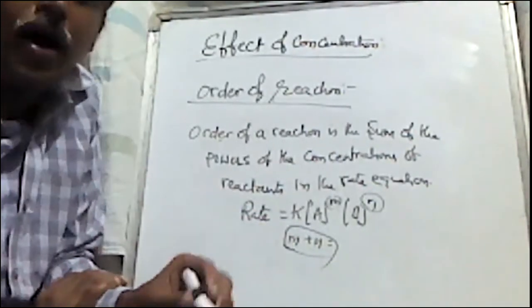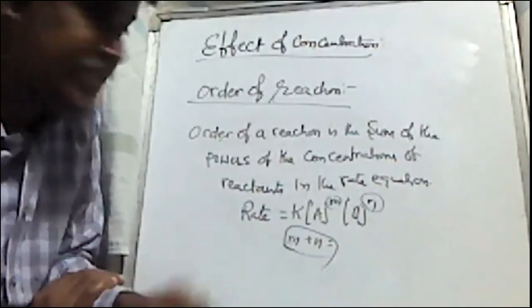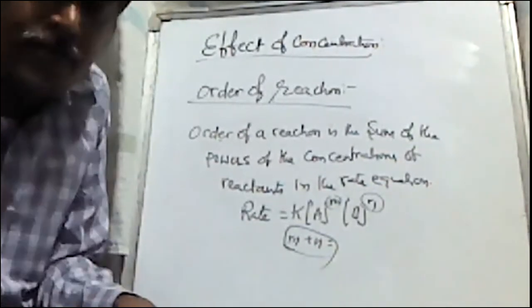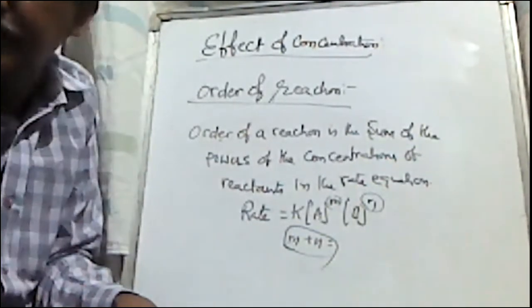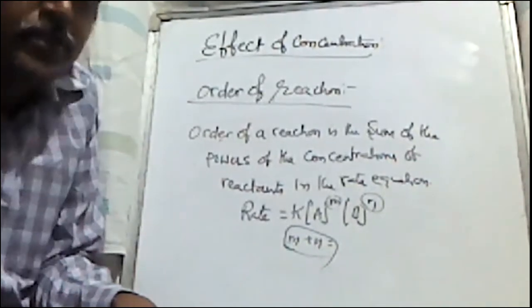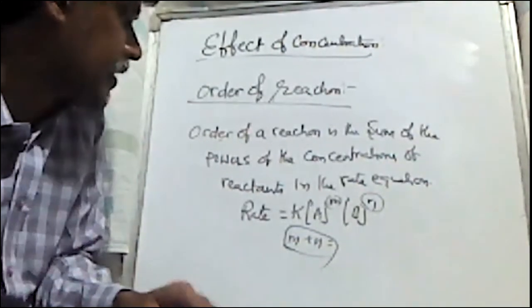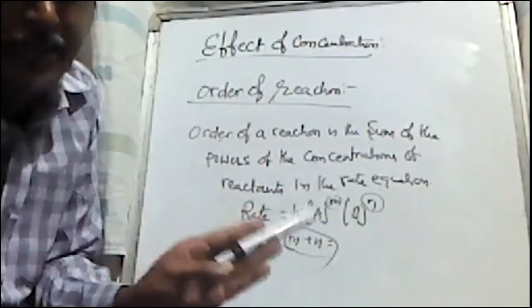The order of a reaction is the sum of the powers of the concentrations of reactants in the rate equation.